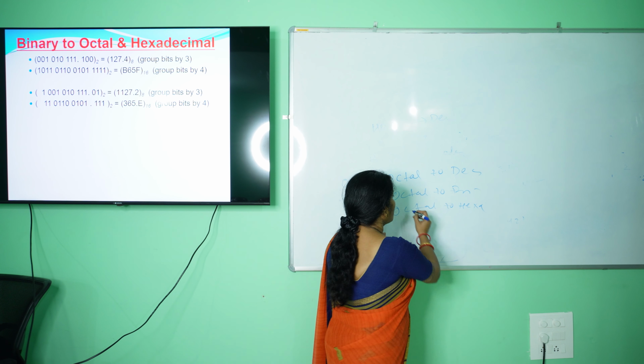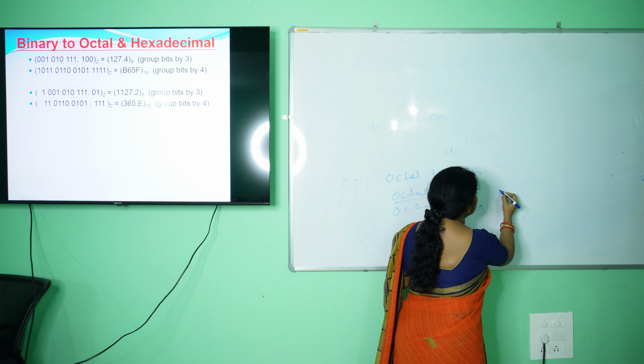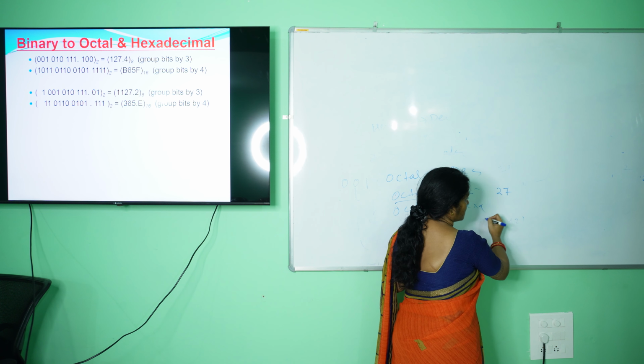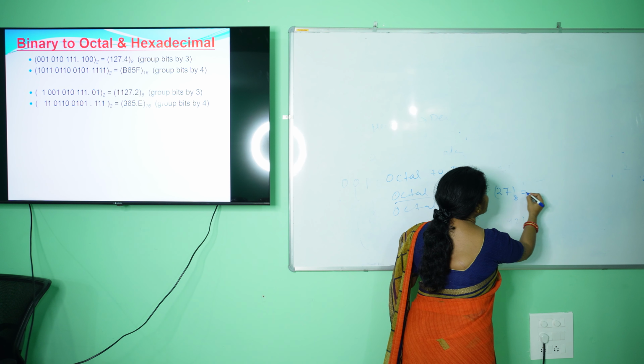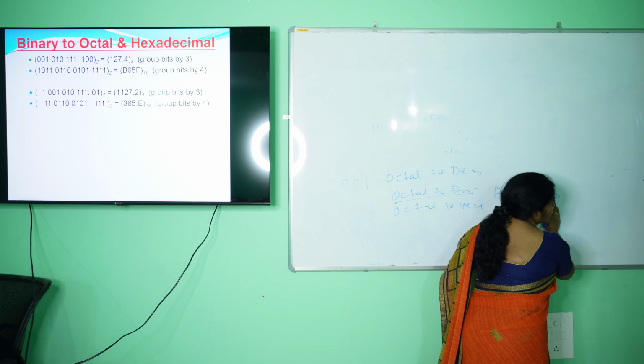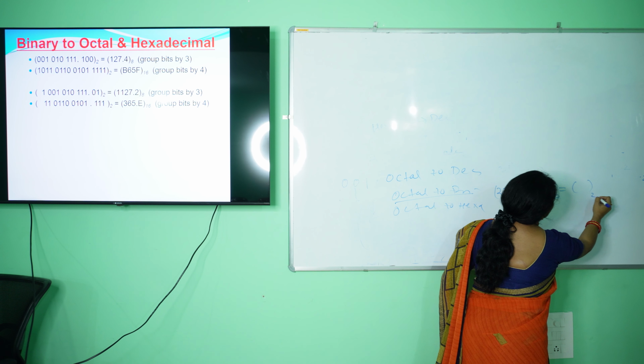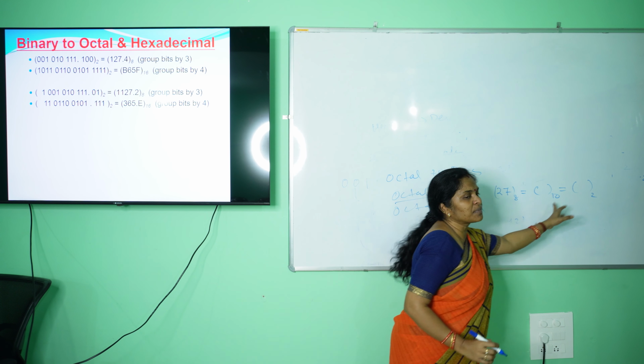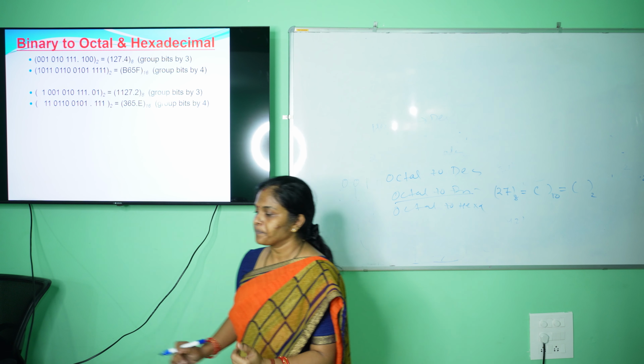For octal to binary, suppose 27 is the octal number, first you convert it to decimal, which you know, and after that you convert it to binary, because you know decimal to binary conversion.